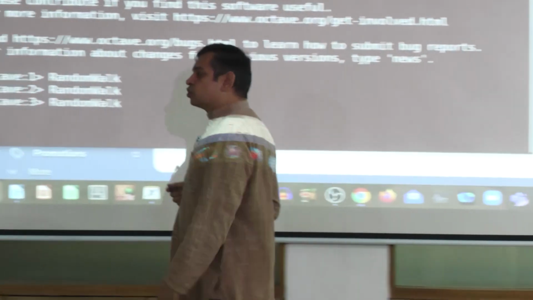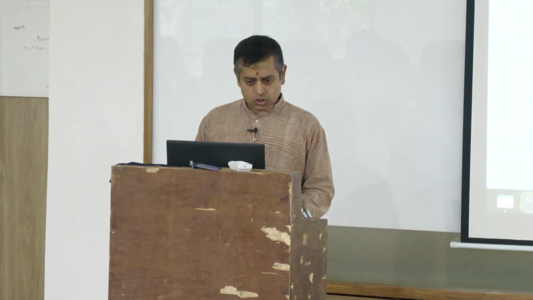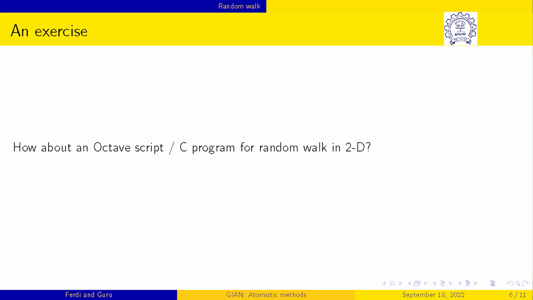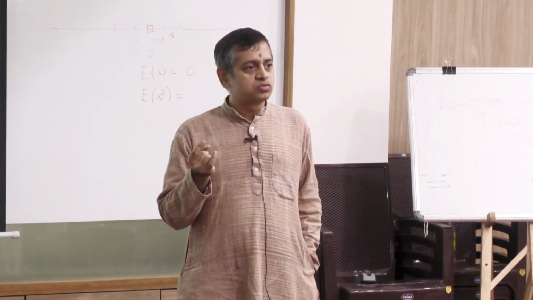Now let us move to a simple code to do Monte Carlo simulations, and let us see what we mean by Monte Carlo simulations. By the way, you can take this script and modify it to do a random walk in 2D, and calculate the distance you end up with starting from 0, 0 to whatever point you end up with. How would you do a random walk in 2D? How many directions can you go?